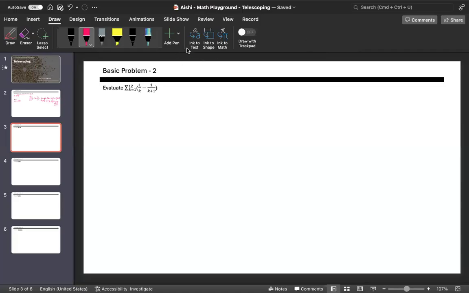Okay. Our second and last basic problem. Evaluate sigma of 1 by k minus 1 by k plus 1. Least value of k is 1 and greatest value of k is 12. So this here, k is equal to 1, 12.